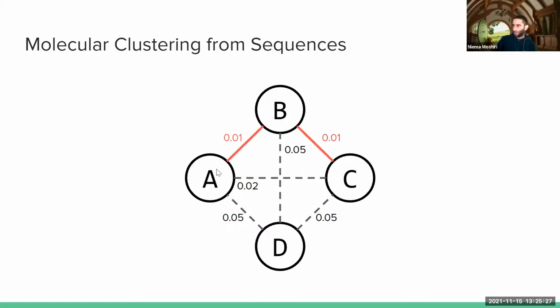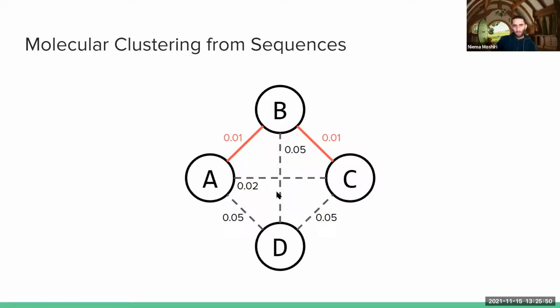What I could do is just connect every pair of individuals whose pairwise distance is less than or equal to 0.01. So here, the pairwise distance between A and B and between B and C are the only ones that are less than or equal to 0.01. And these all were not connected. That's why they stayed as gray dashed lines.